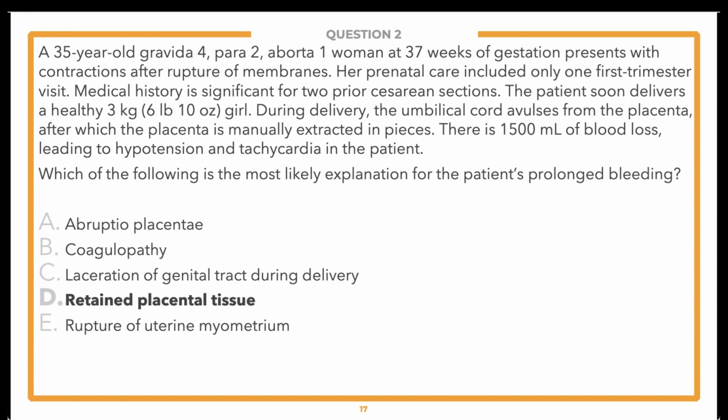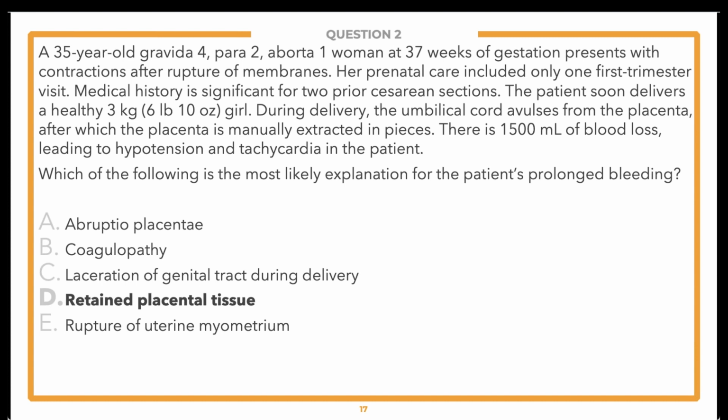Placenta accreta exists on a spectrum of diseases characterized by placentas that are abnormally adherent to the myometrium. Overall, this spectrum of disease is thought to arise from a defective uterine decidual layer, and that's often a result of uterine trauma.